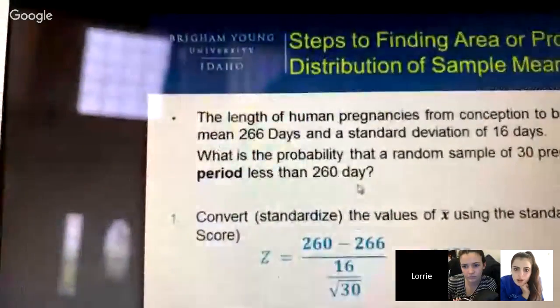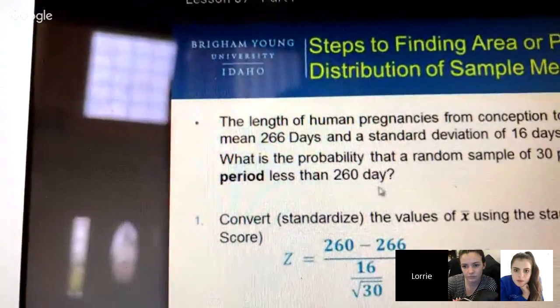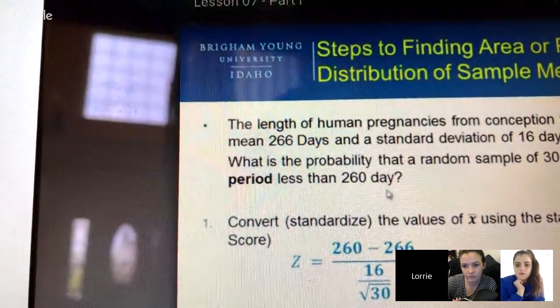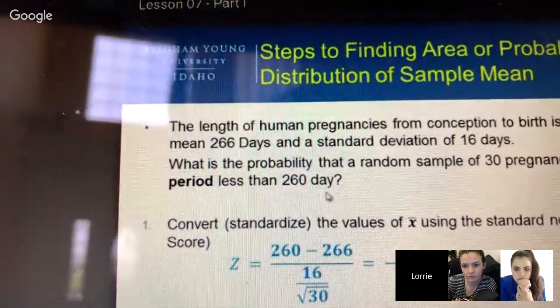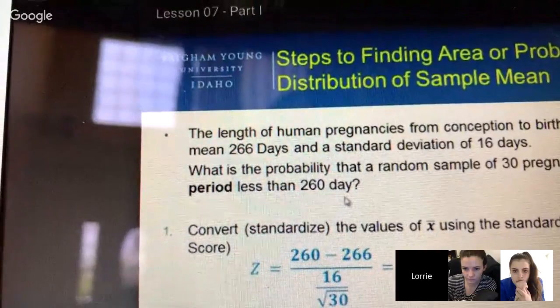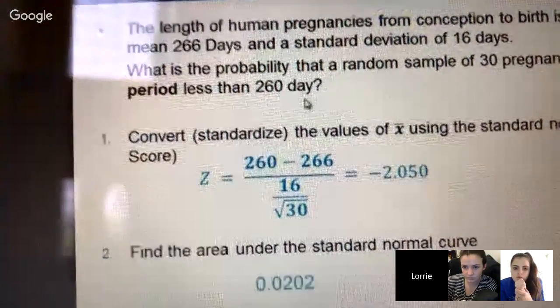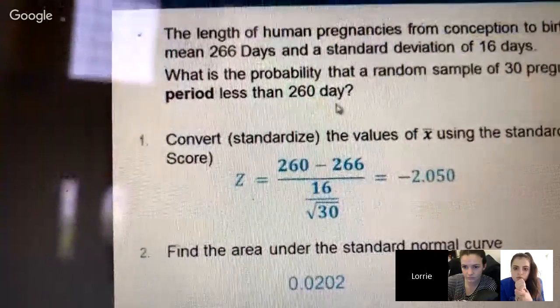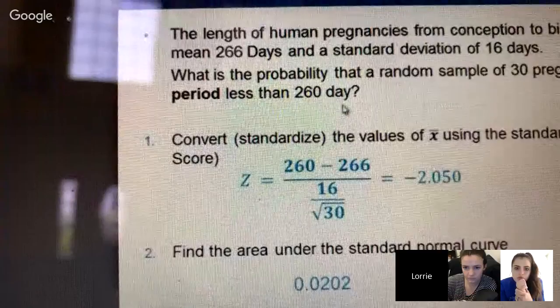Because it says the length of human pregnancies is distributed with a mean of 266 days and a standard deviation of 16. We have a mean of 150.8 and a standard deviation of 8.8, right? Then the next thing, what is the probability that a random sample of 30 pregnancies, we have 5, have a mean pregnancy less than 260 days?